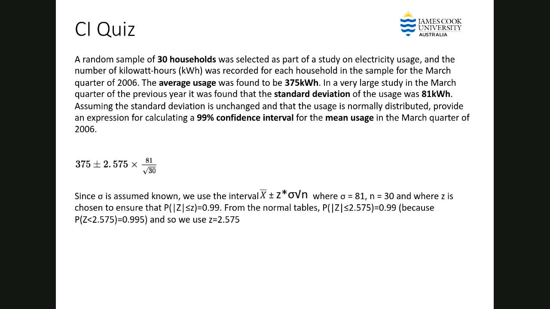From this formula, we have to calculate the Z value with 99% confidence, with the parameter 81 and the number of samples n. From the Z distribution, the Z value for a probability of 0.99 is 2.58.